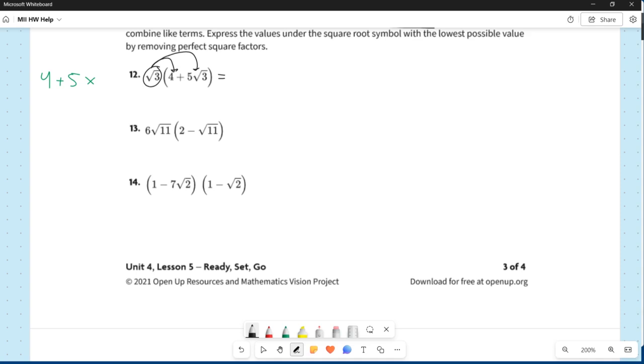Now, the mathematical convention here, you can actually see it in the problem. Notice that with something like 5 root 3, the first number is the rational coefficient, which is 5. Then you have the irrational number, which is the square root of 3.